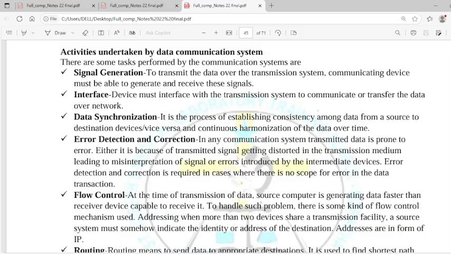And then we have data synchronization. It is the process of establishing consistency among data from a source to a destination device.